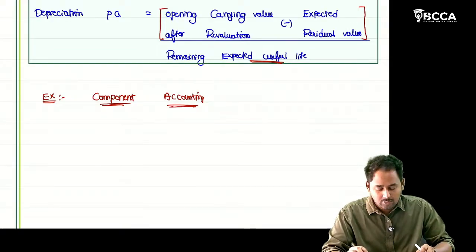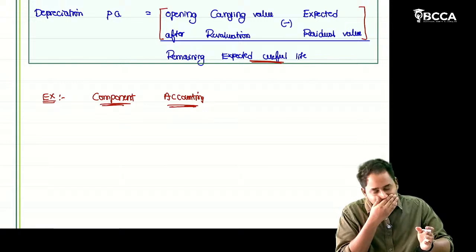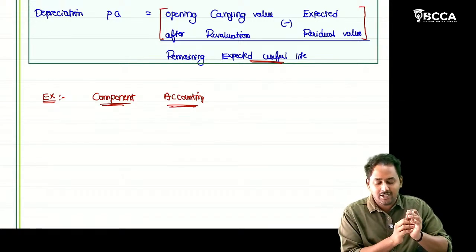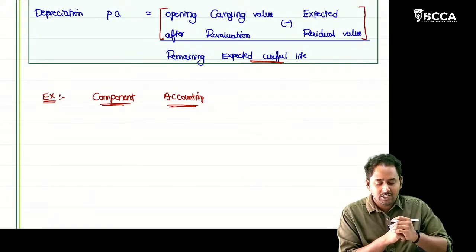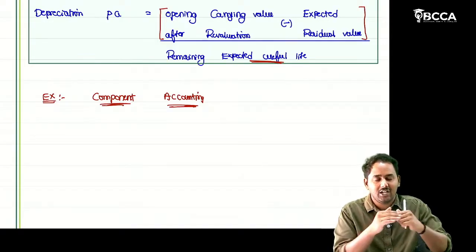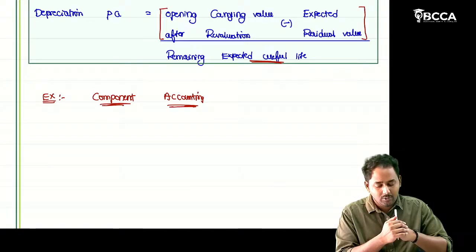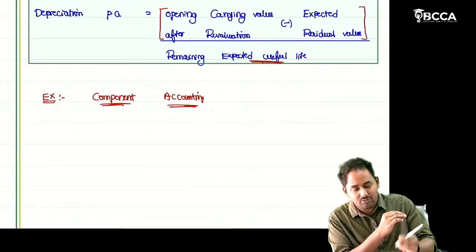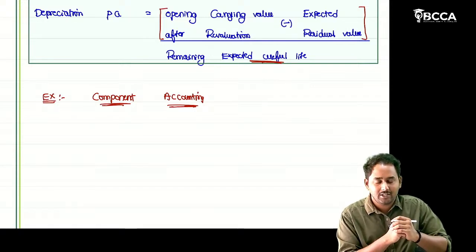For the entire asset, there must be one major part in that asset. That major part has a different useful life. In that case, for that major part alone, I should find the depreciation separately, and for the remaining part of the asset, I should find the depreciation separately. Because for the calculation of the depreciation, what is the formula? Remaining expected useful life. That is also one criterion.